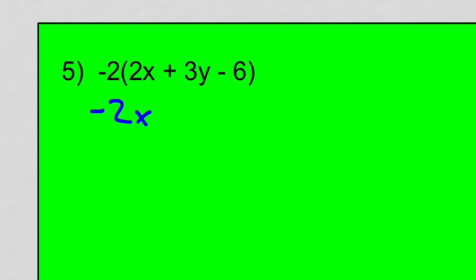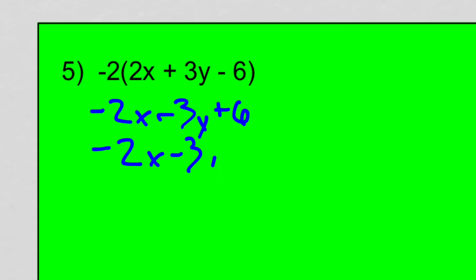The opposite of plus 3y is minus 3y. And the opposite of negative 6 is plus 6. And we're going to do that 2 times. So negative 2x minus 3y plus 6. 2 groups of what's in the parentheses, but the opposite of each term.